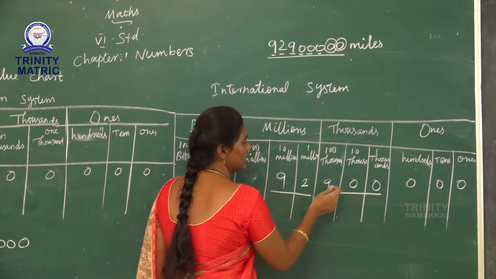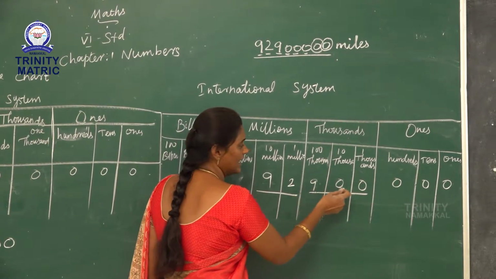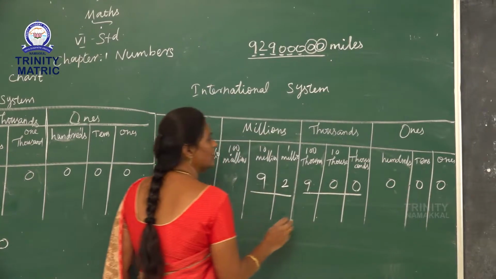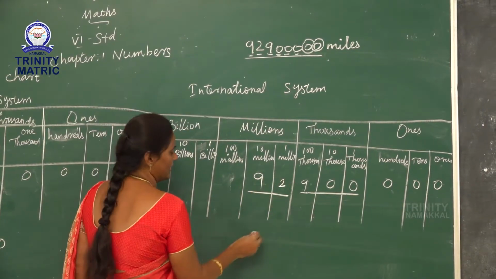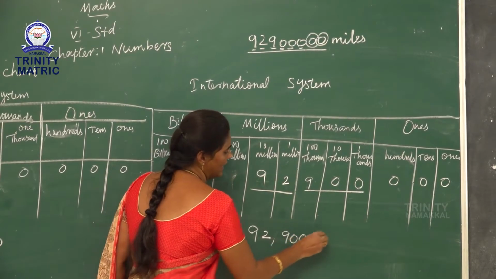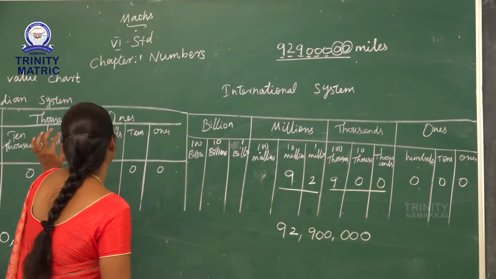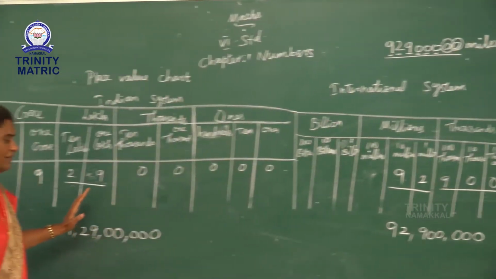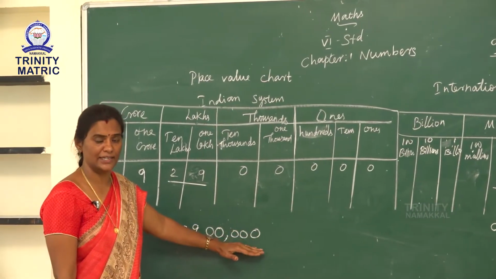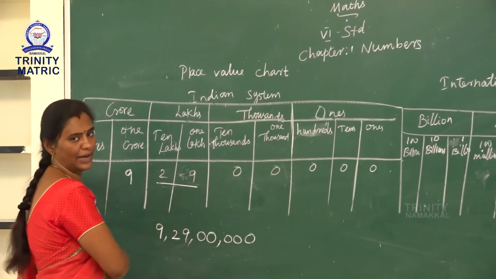Here in thousands place what do we have? You read this number together. So 900,000, and the units place is 0, so just leave it. So 92,900,000. See here, in Indian system, we put comma first after 3 digits, then after every 2 digits from right to left.